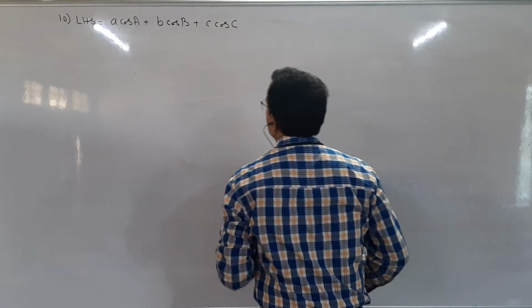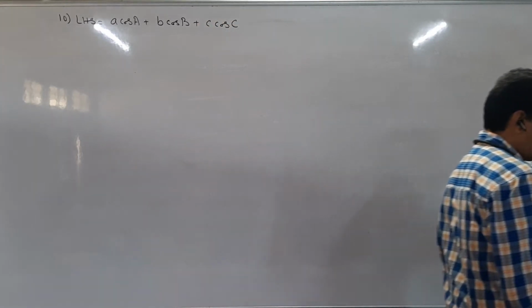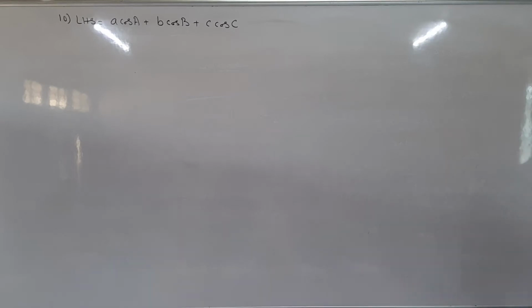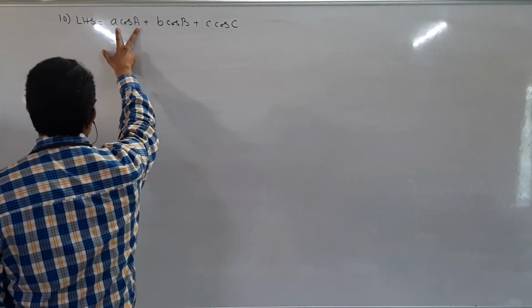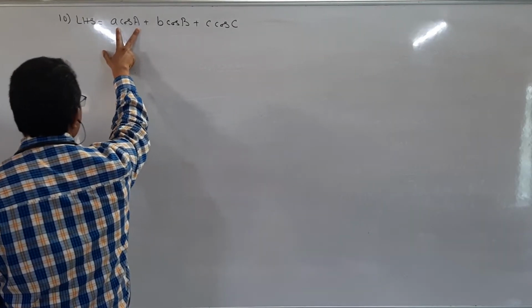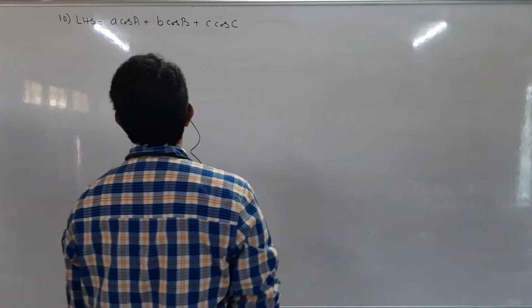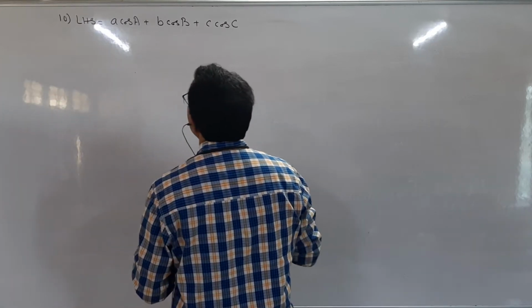Here we cannot apply the projection rule because the angle and the side are the same. In the projection formula, you check, these two differ. So what is the first step we can do here?